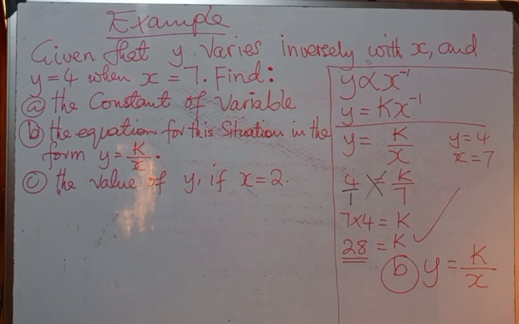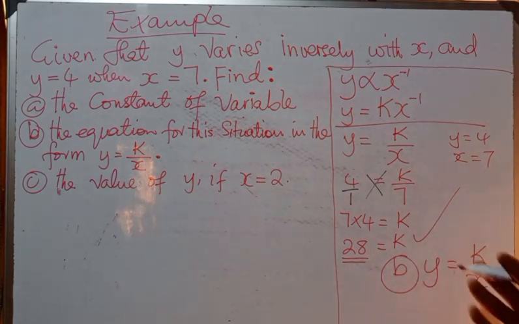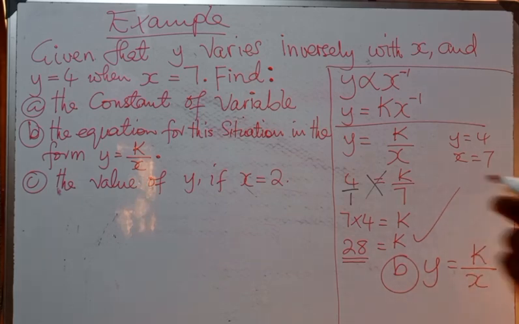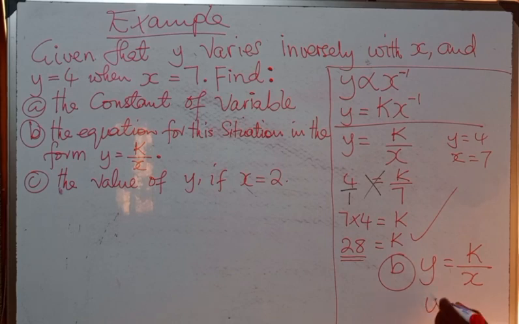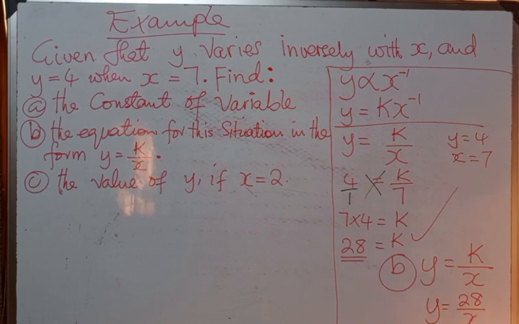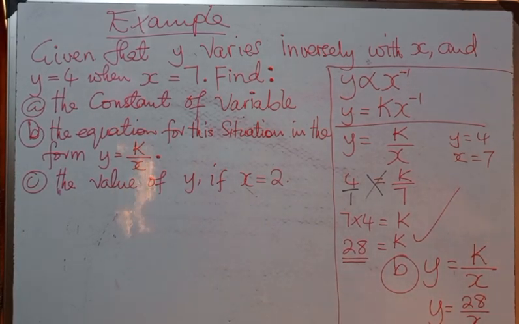When you're finding the equation, these variables remain the way they are. y and x remain the way they are, but where there is k, you substitute the value of k you have found. So the equation will be y = 28 over x.